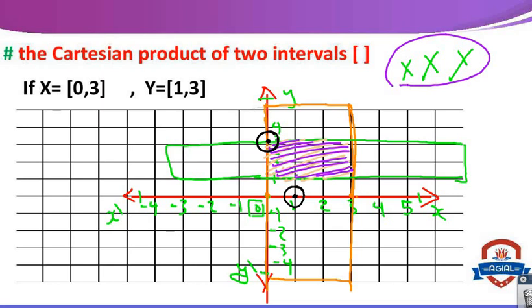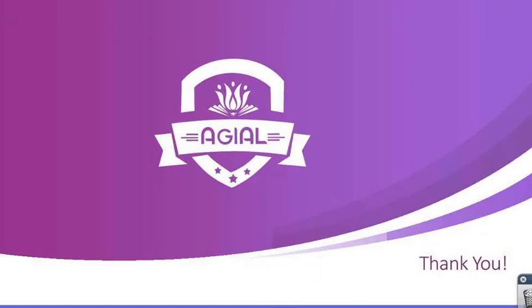No, it does not belong to this region. Okay? All points belonging to this region also belong to the Cartesian product X × Y. Do you understand the Cartesian product of two intervals? Okay.